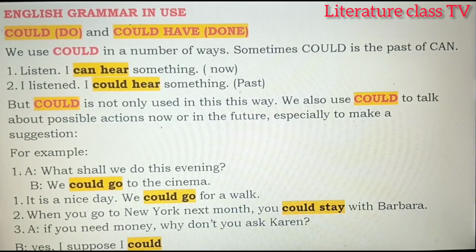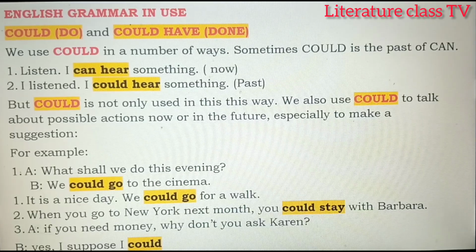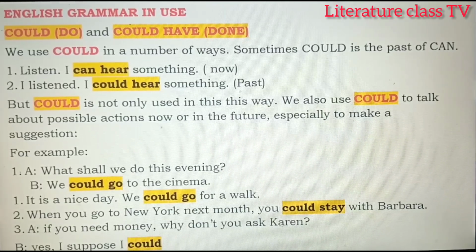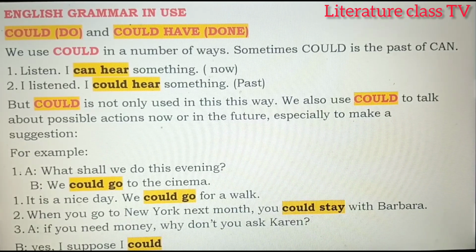Example 2. When you go to New York next month, you could stay with Barbara. It is a suggestion.